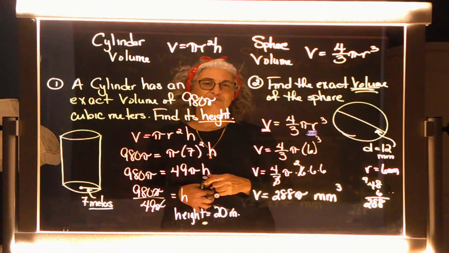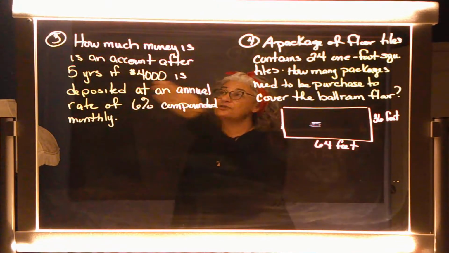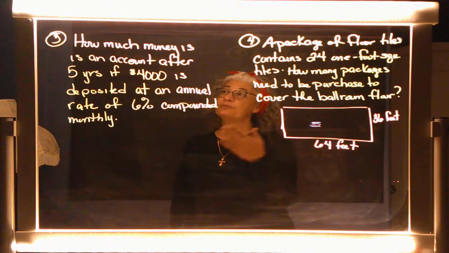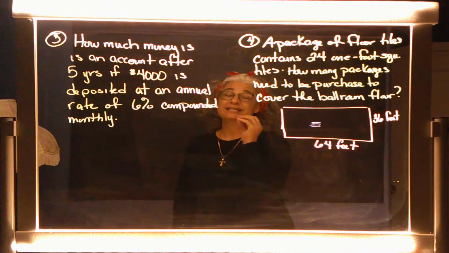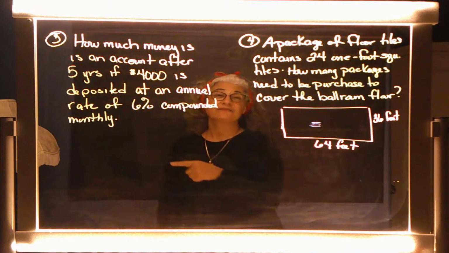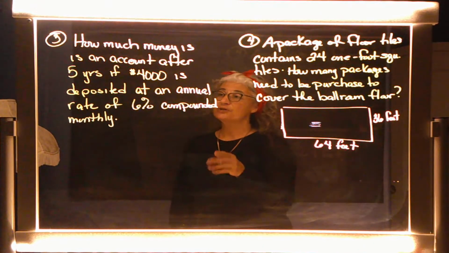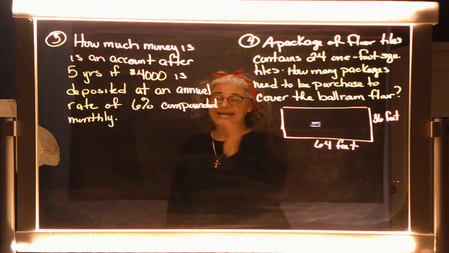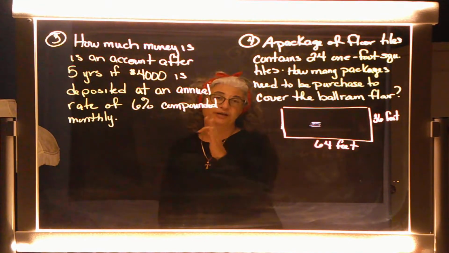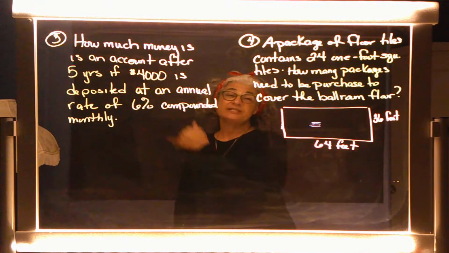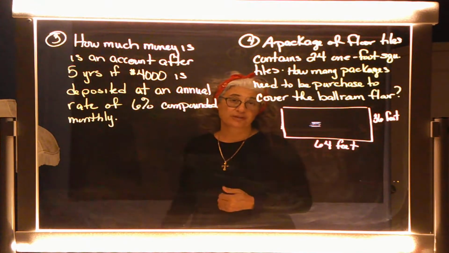Okay, stay tuned. Got some more problems for us. Okay, let's look at problem number 3. Problem number 3 is asking how much money is in an account after 5 years if $4,000 is deposited at an annual rate of 6% compounded monthly. So they're anticipating you remember the formula that goes with this.